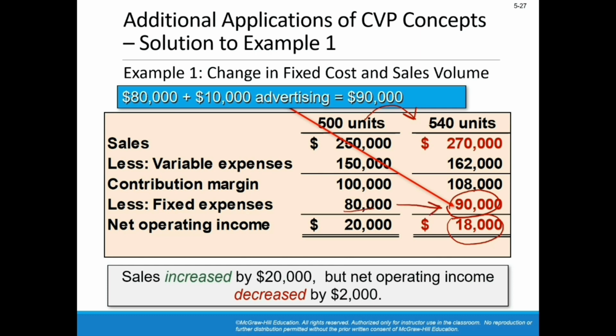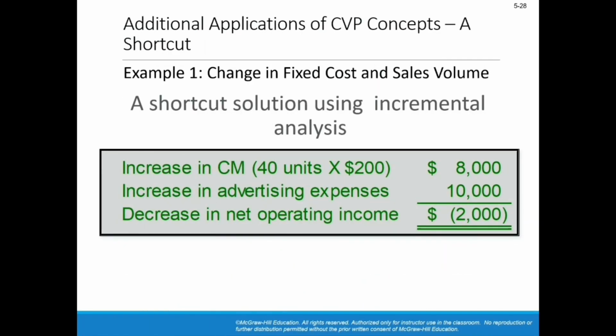So it was 20, it has become 18 due to the marketing campaign. A shortcut solution to this problem can be basically by asking yourself what is the difference, or the incremental or differential analysis.